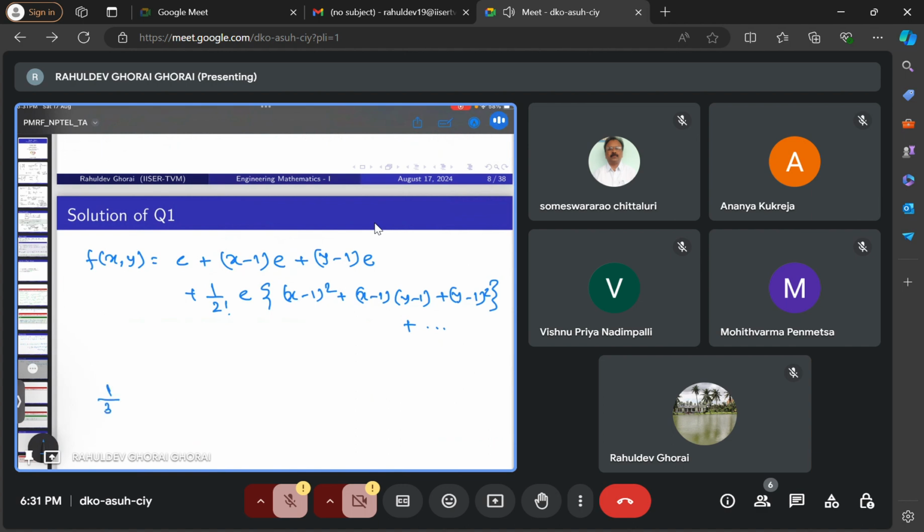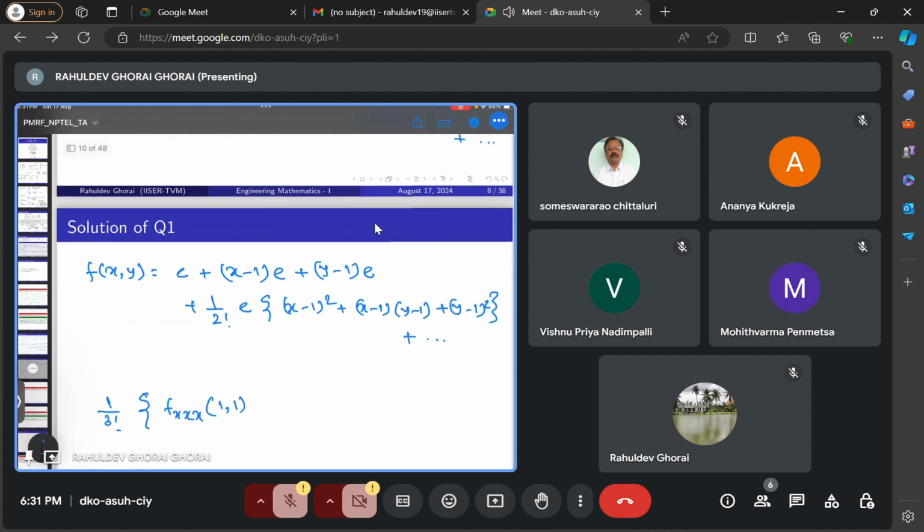So third term will be 1 over 3 factorial times f_xxx at 1, 1, times x minus 1 whole cube, plus x minus 1 whole square times y minus 1 times f_xxy at 1, 1. See, this x has two, so it is second order, so here will be also second order.